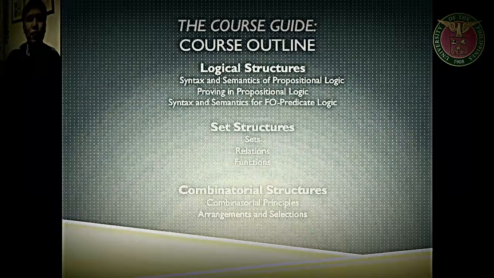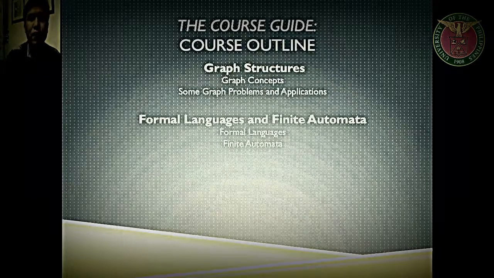So here is the course outline. The first unit is about logical structures. It's basically about propositional logic and predicate logic. The next unit will be about set structures, sets, relations, and functions. The next one would be combinatorial structures, or the methods of counting. We will also be talking about arrangements and selections in this unit.